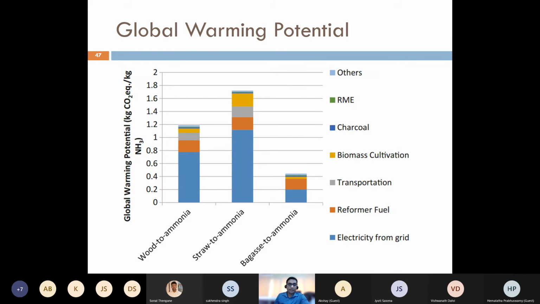Then we can also quantify how the same process behaves in different countries. This is the same process, biomass to ammonia, but with three different biomass feedstocks: wood in Australia, straw in India, and bagasse in Brazil. The GWP is vastly different. Some of the reasons: electricity is the largest contributor to GWP in all three cases.